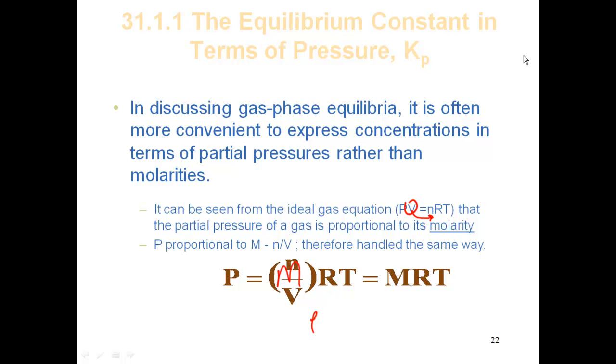So you can see that P is proportional to molarity, with a proportionality constant of RT. Remember, we talked about things being proportional: we can make them equal by putting in a proportionality constant. So there must be some relationship between Kc and Kp, and there is, and we'll talk about that in a few seconds.